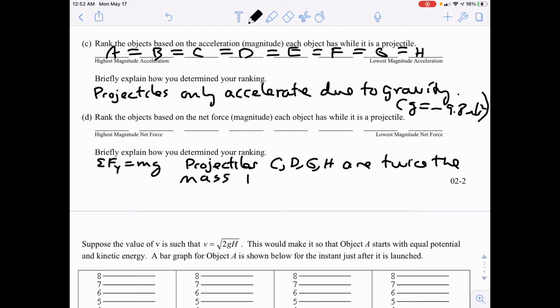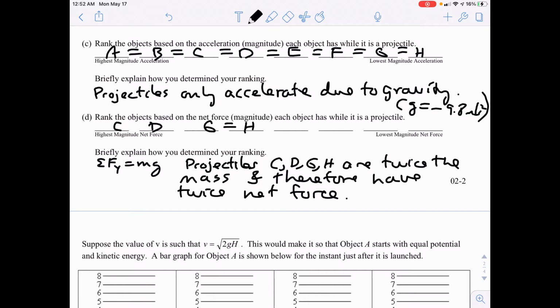They're twice the mass, and therefore have twice the net force. So we would rank them C, D, G, and H over A, B, E, and F, which are all mass m.